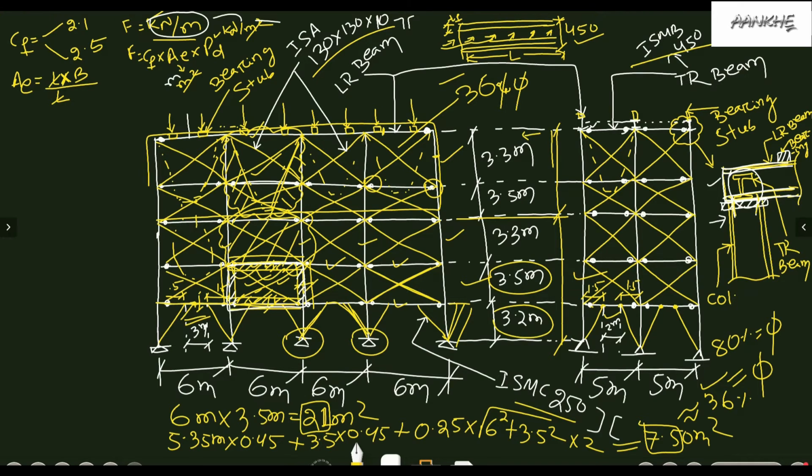Now let us move forward to find out the AE per meter. To find the AE per meter, we have to find out the exposed surfaces. So what are the exposed surfaces? The first is your column. The column has an exposure of 450 and 500.